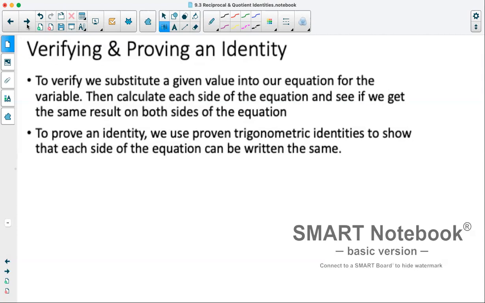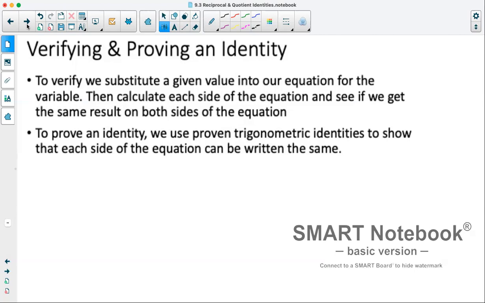Now, usually we'll verify before attempting to prove, because if verification doesn't work, we can't prove. Proving means that one side of our equation is exactly equal to the other side. So if we were to graph them, they'd overlap perfectly. So proving an identity, we use proven trigonometric identities to show that each side of the equation can be written the same.